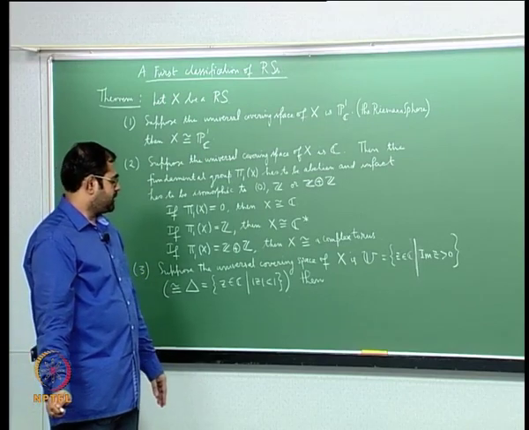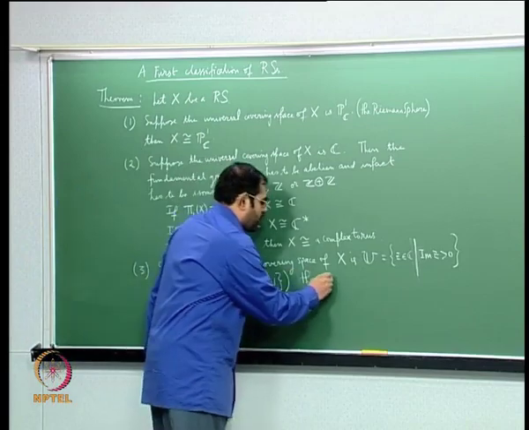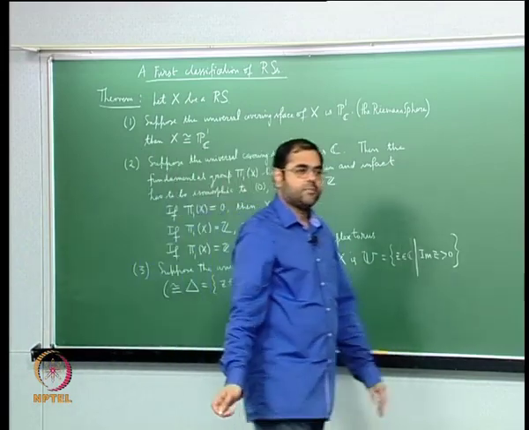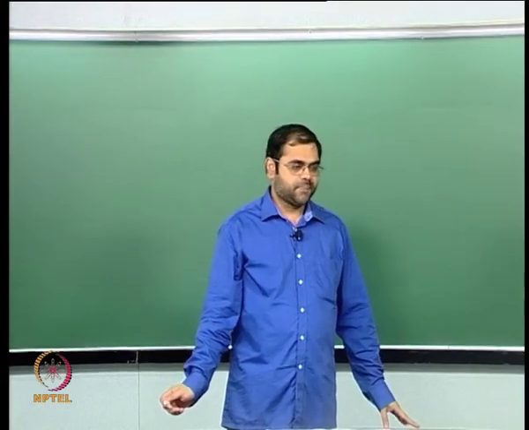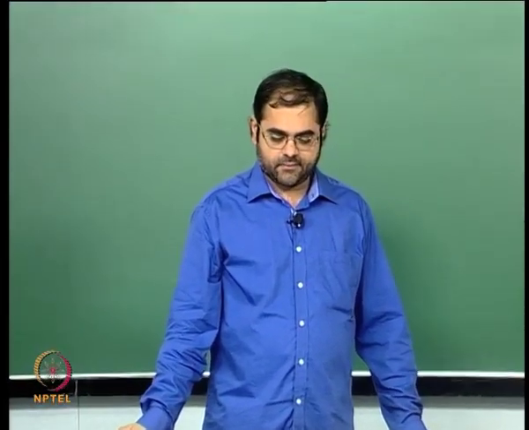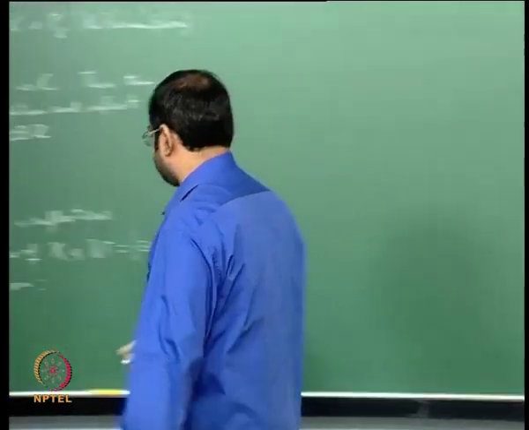So what happens again when the fundamental group is abelian, you get only two possibilities, and these two possibilities are as follows.